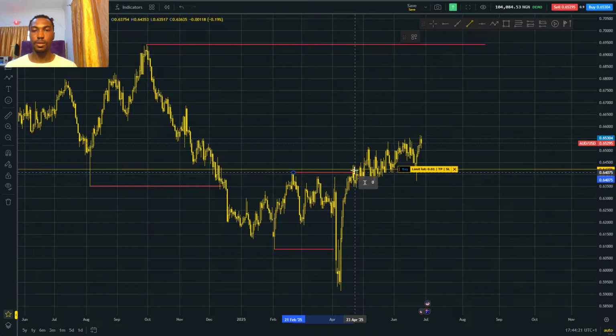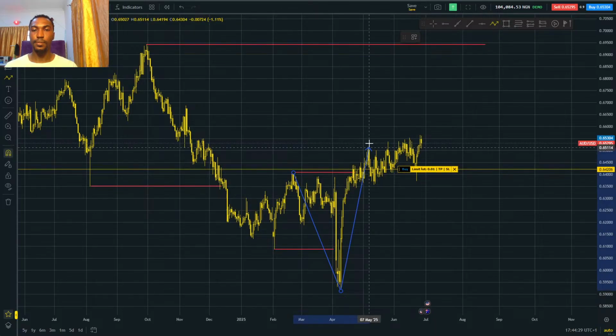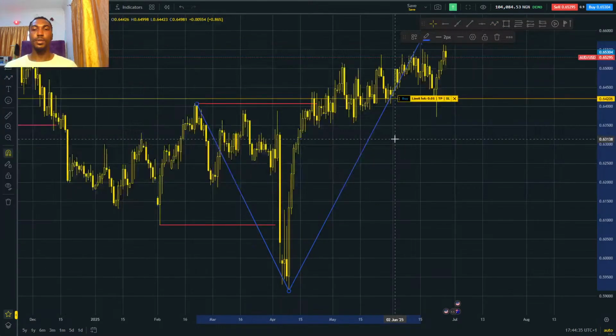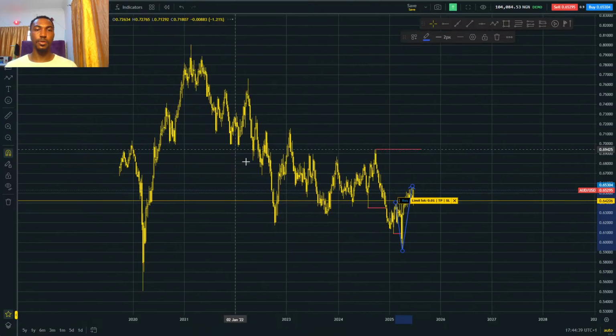So this is why the market is bullish. Price has just broken above the high. Not really recently, but price has broken above a high. So between here and this clear high, we need to go back to the weekly.